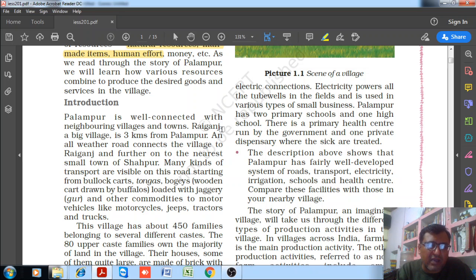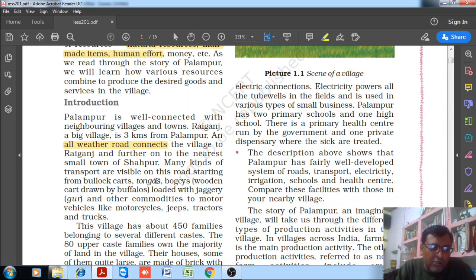Palampur is well connected with the neighboring villages and towns, and Raiganj is a big village that is 3 kilometers away from Palampur, with all weather roads, which can be used in all the seasons, in rainy season, in cold season, in hot arid season, means all the seasons we have, winters, summers, rainy season.